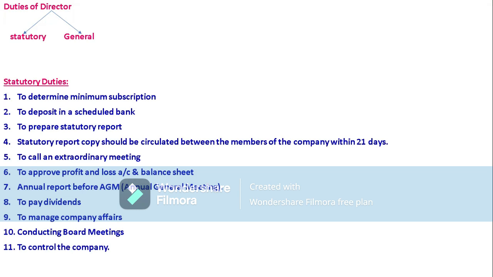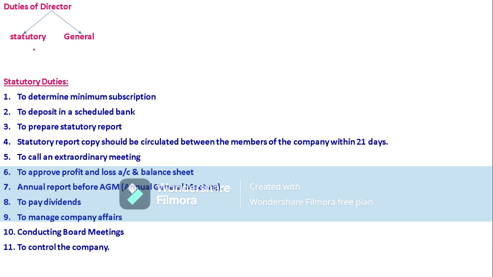And if we see what the duties of a director are, first one is statutory duty and general duty. We may differentiate the duties of a director in two ways: statutory duties and general duties. So what are the statutory duties, what are the general duties?